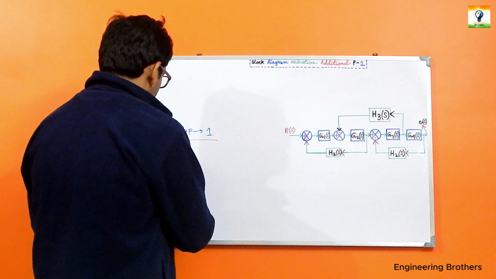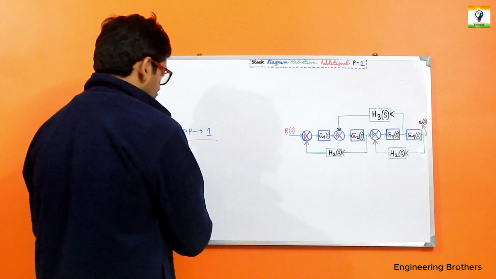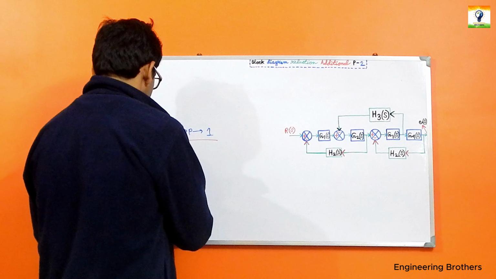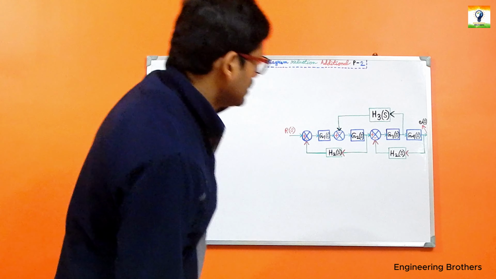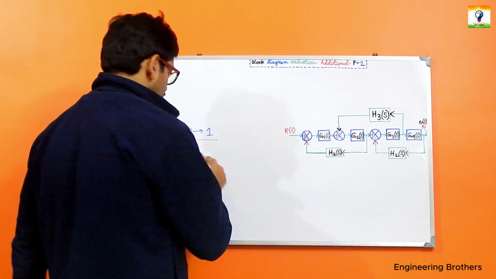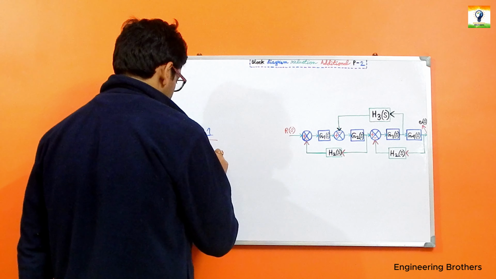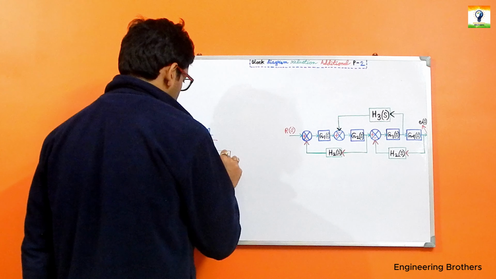In our extreme left hand side we have got R(S). This one is our R(S). After that we have got G1(S). This one is our G1(S).